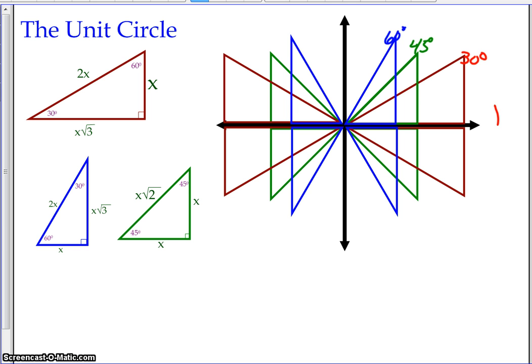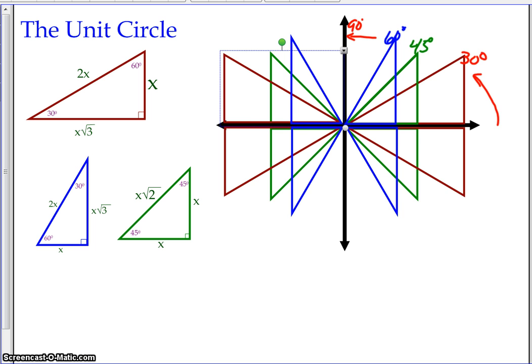That's how it goes around the circle: 30, 45, 60, up to 90, and it comes around. Then the reference angles go back to 60 here, 45 here, and 30 here. So we can see how it works around.